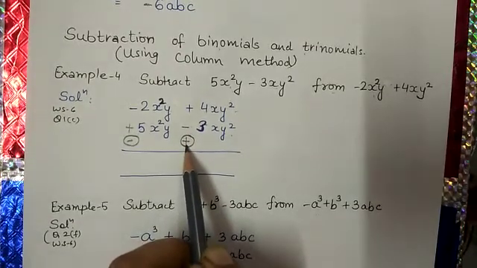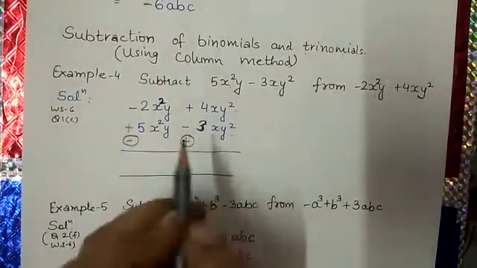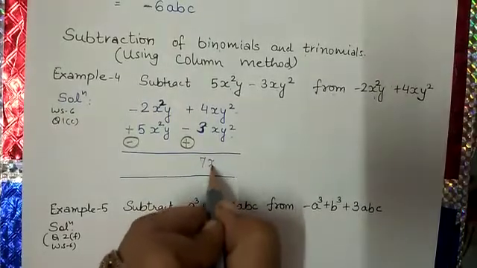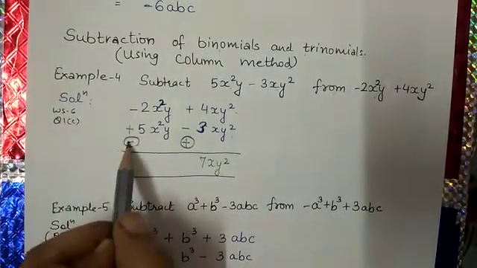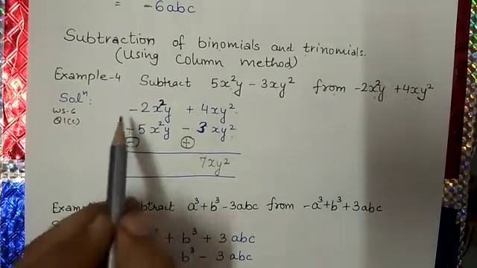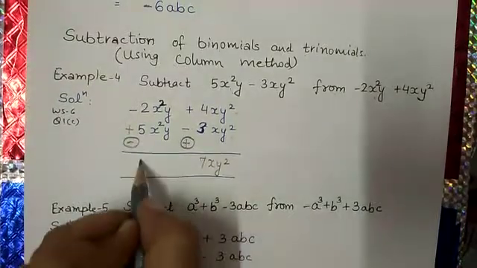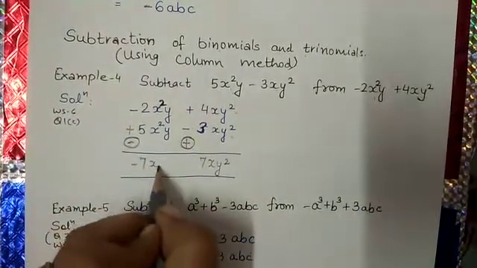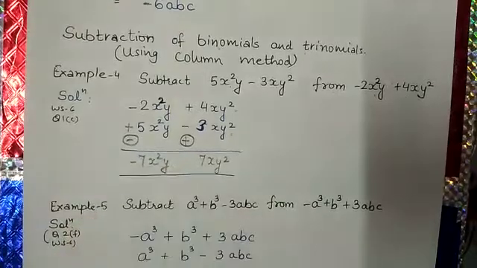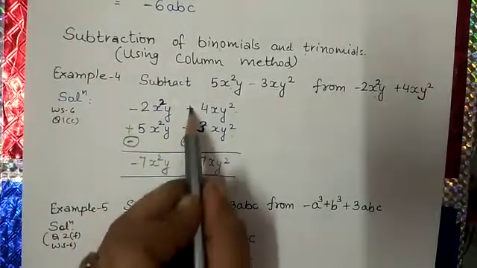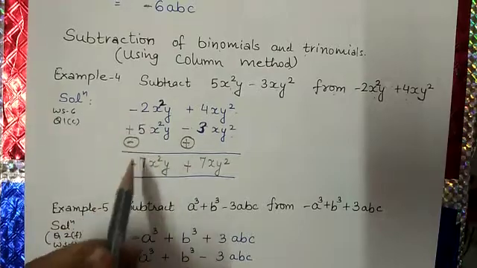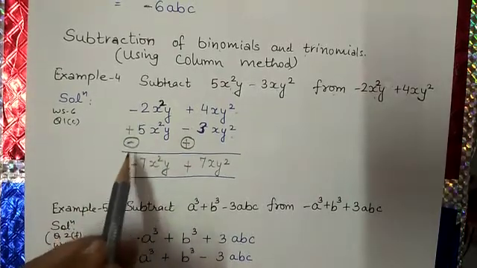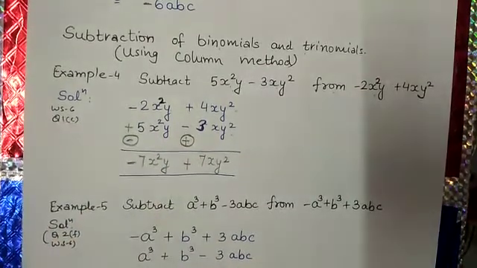That's why I write plus here. 4 and 3 became 7. Now here minus is given, minus 2 minus 5. It became minus 7x square y. And which sign? Plus, plus, plus. Here minus, minus, plus, and the sign of both numbers, that is minus.